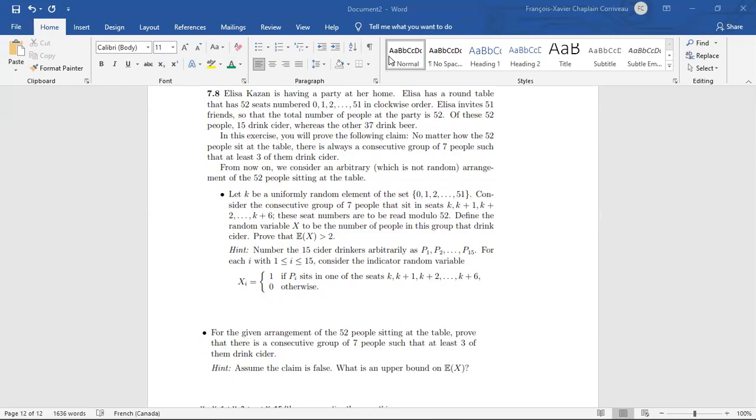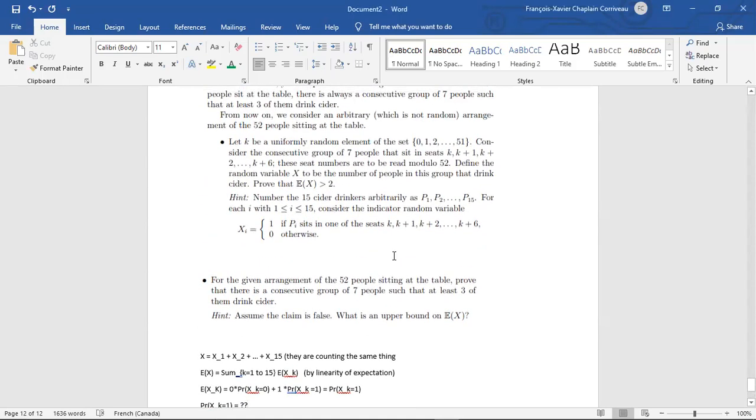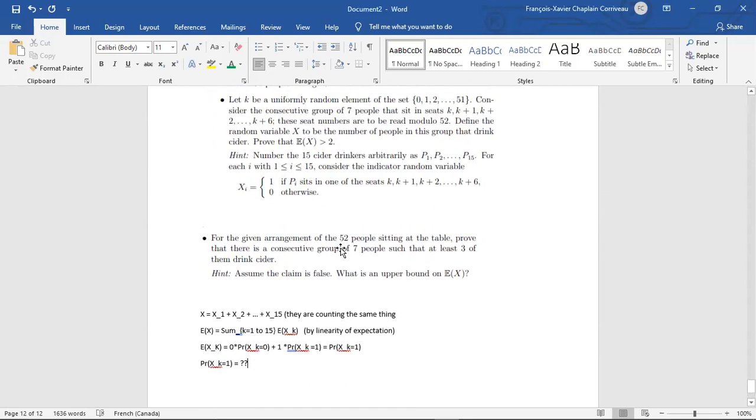Or I should say, not in K, but in one of these chairs. Right? I have 7 chairs. What is the probability that Pi sits in one of these 7 chairs? So here it's 7 over 52, right?